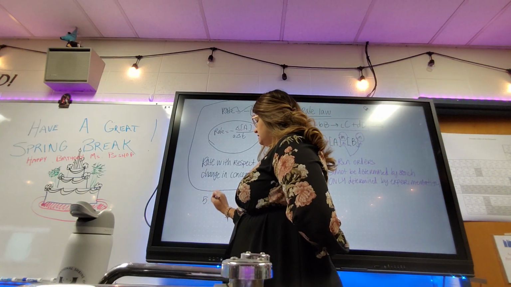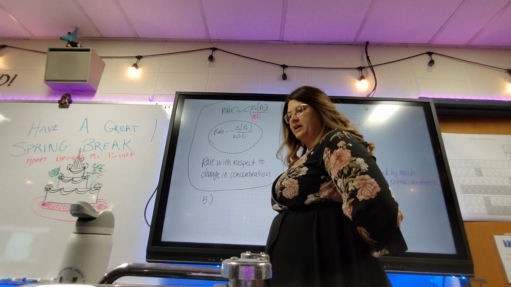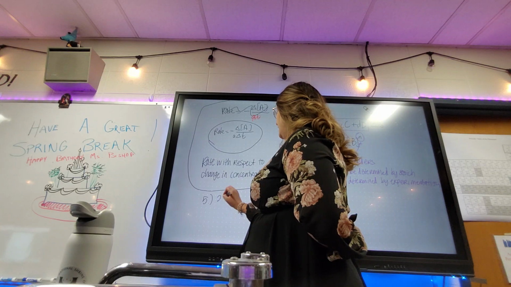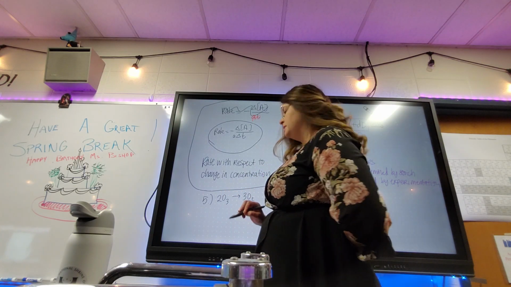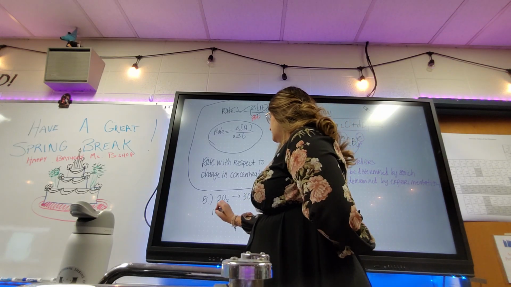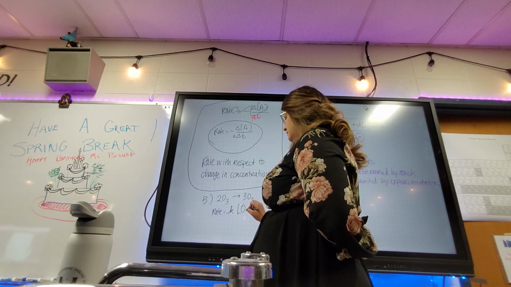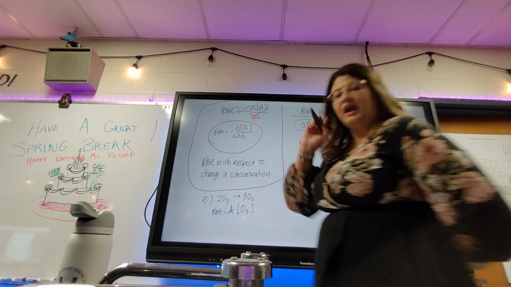Number 5 says to write the rate equation for each of the following reactions and find the overall reaction order for each reaction. We again have that nice ozone-oxygen equation. To calculate the rate law, we set it up like this.